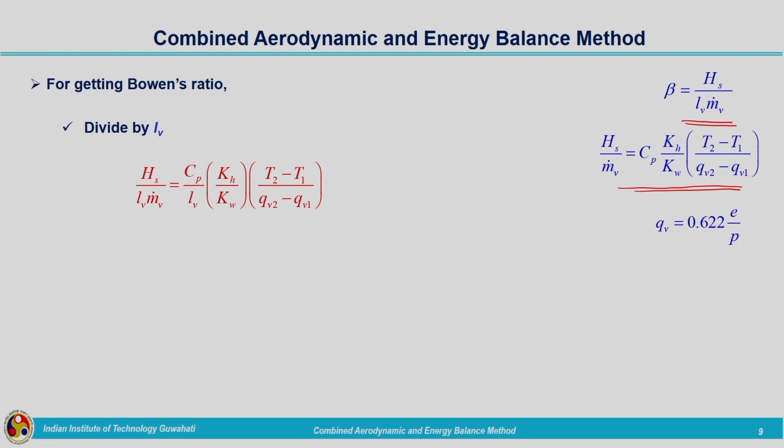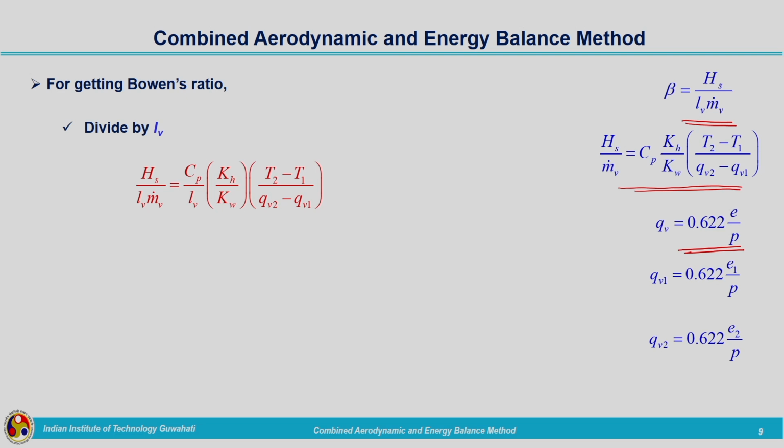Now, we know the expression for Qv from the water vapor dynamics we have seen: Qv is given by 0.622 E by P. We have two terms, Qv1 and Qv2. Qv1 can be written as 0.622 E1 by P, and Qv2 as 0.622 E2 divided by P.